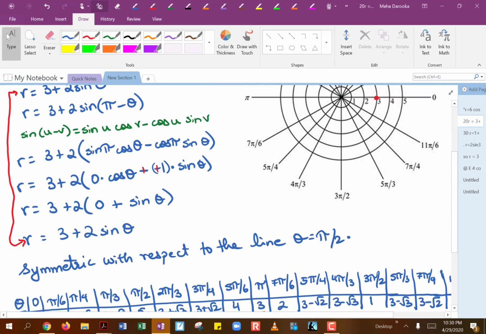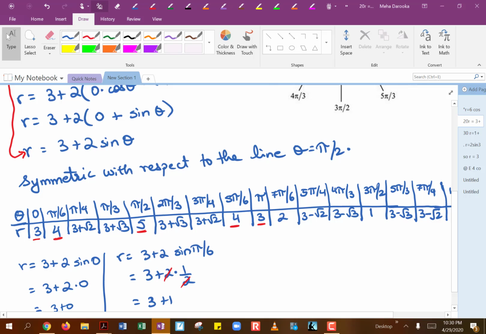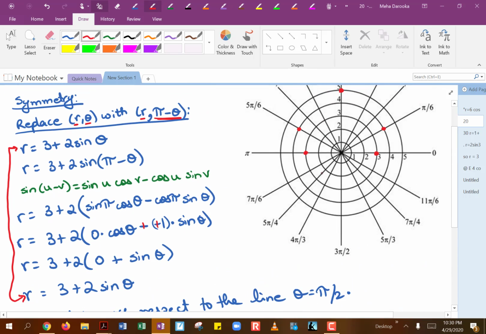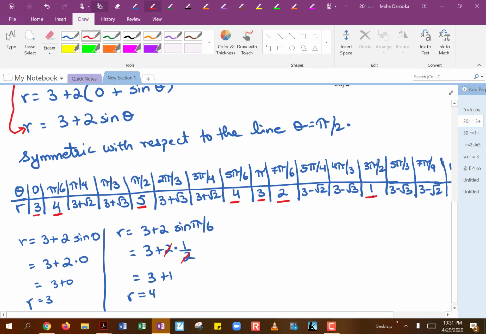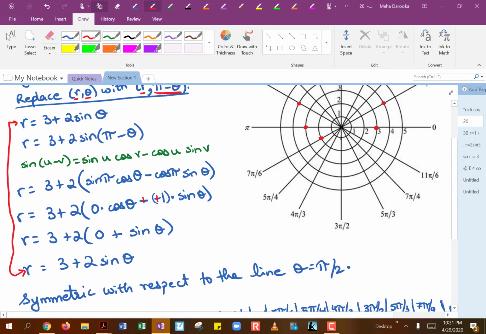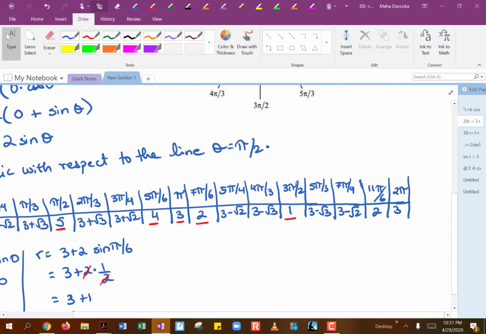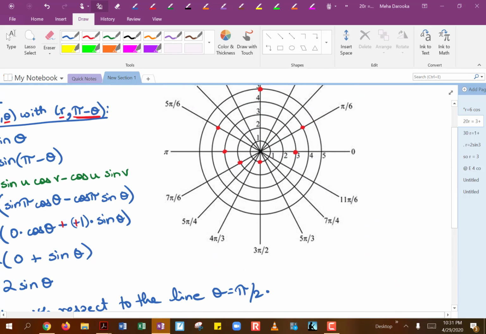Pi is at 3, so pi is going to be at 1, 2, 3 over here. 7 pi over 6 is at 2. 3 pi over 2 is at 1, so that's this point right over here. And what else do I got? 11 pi over 6 is at 2.